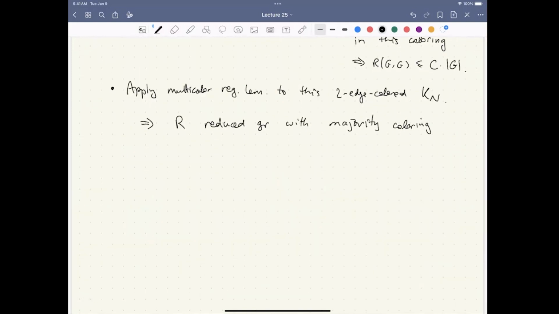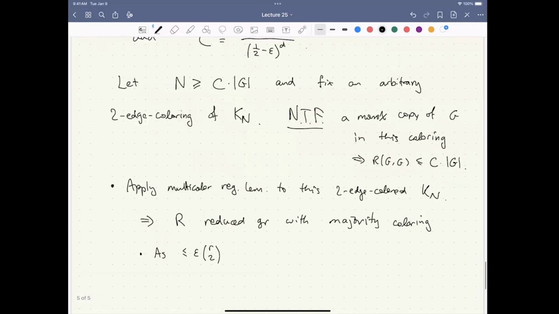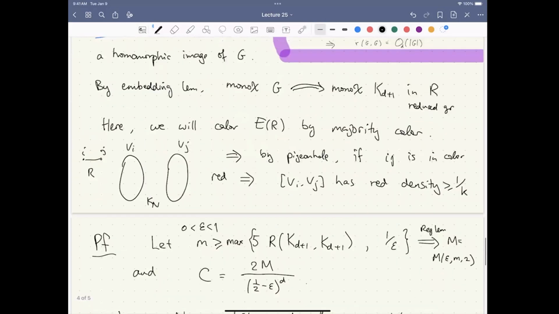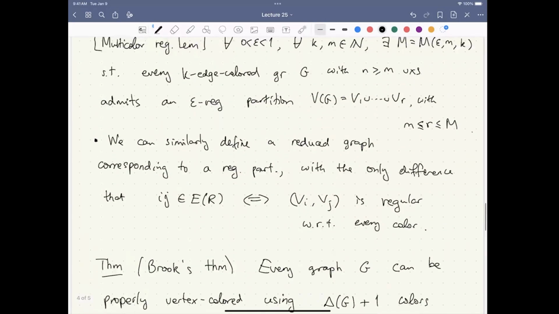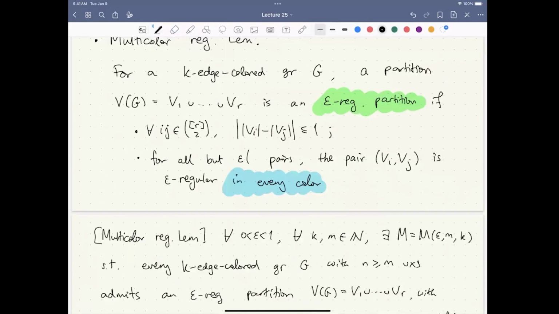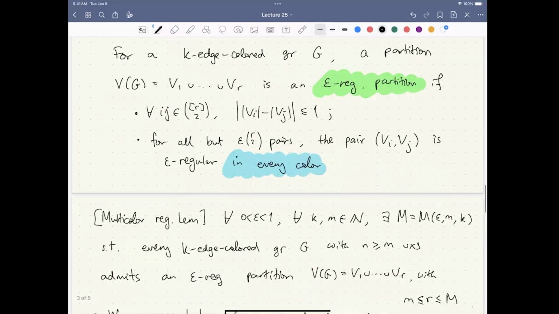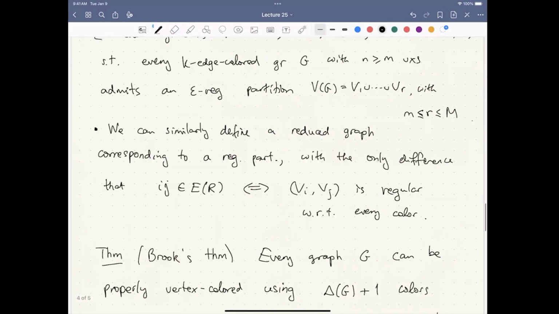Because there is at most an epsilon fraction, is this easier? Let me actually change to epsilon fraction instead of epsilon R squared. This doesn't matter, just normalization differently.